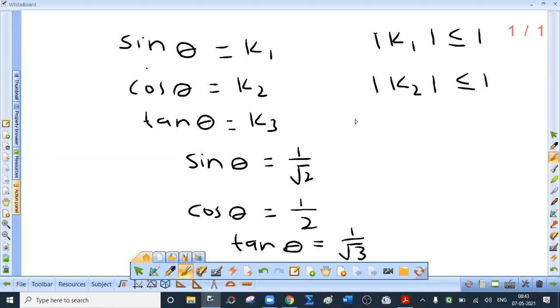Okay. So the trigonometric functions, as we know, are periodic and their values repeat over a certain interval, which we call fundamental period. Therefore, the trigonometric equations have infinite number of solutions. I repeat, trigonometric equations have infinite number of solutions.